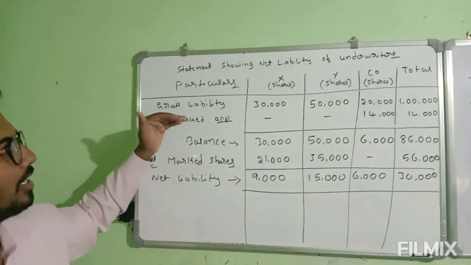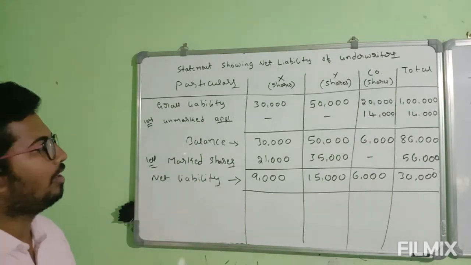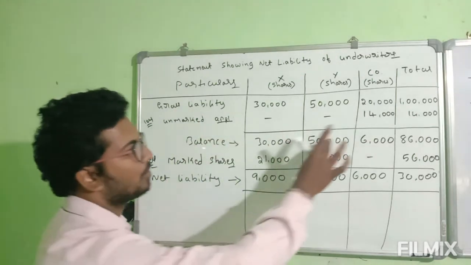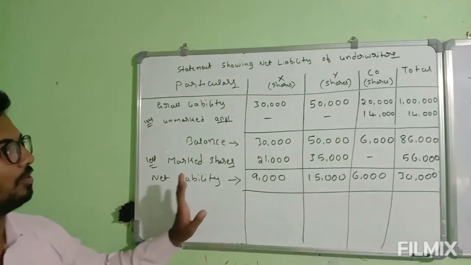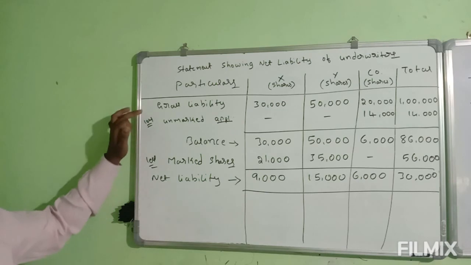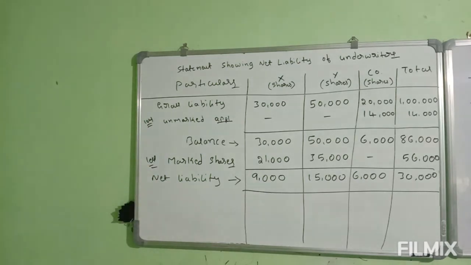When we find the net liability of the underwriters in a partial underwriting, the entire unmarked applications go to the company only. This is how we do the sum for 6 marks. First step, take the gross liability. Less unmarked applications, and we get the balance. Then less marked applications, and we get the net liability.